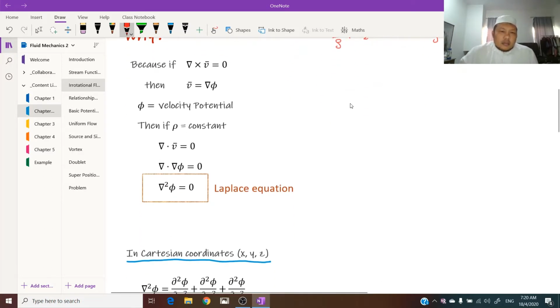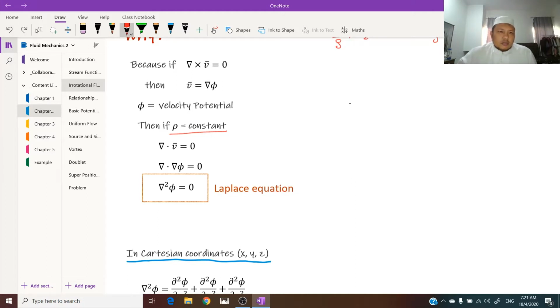For steady, incompressible flow, rho is constant. So if the divergence of V equals 0 and the divergence of del phi also equals 0, then simplifying, we have del squared phi equal to 0, which we call the Laplace equation.